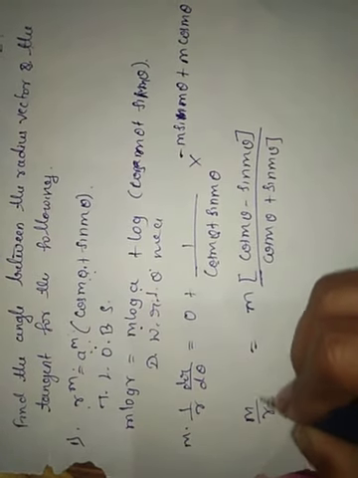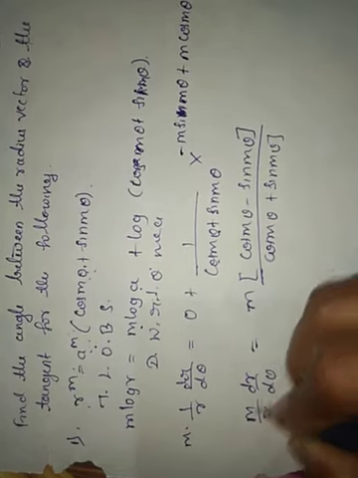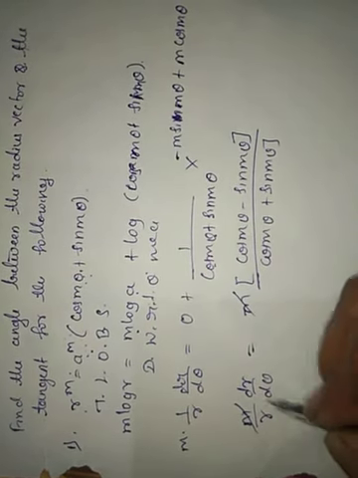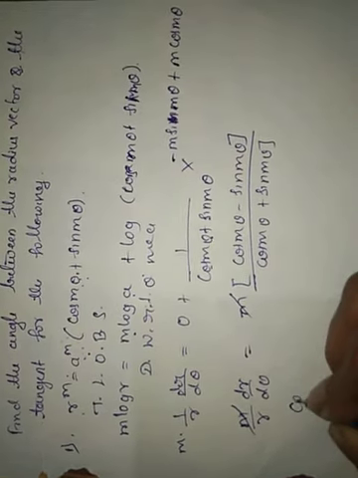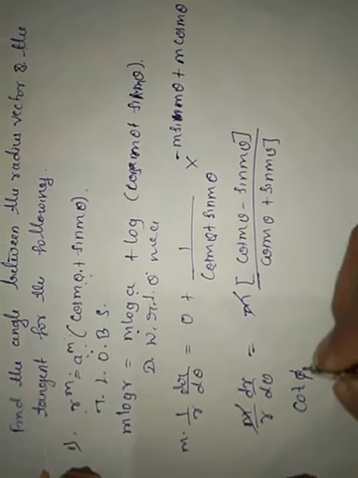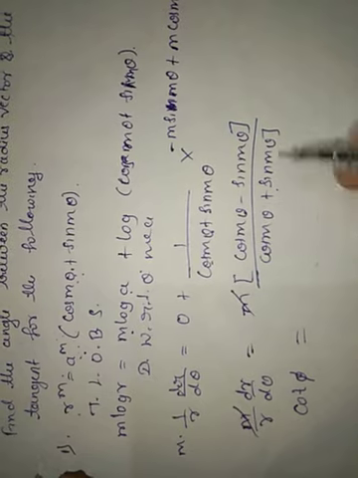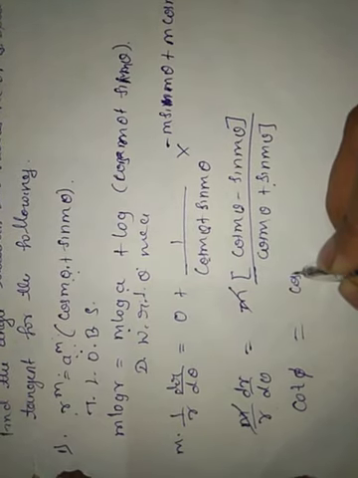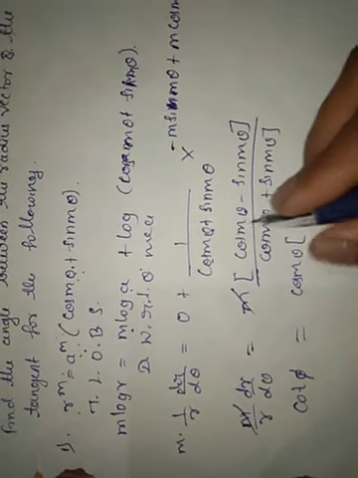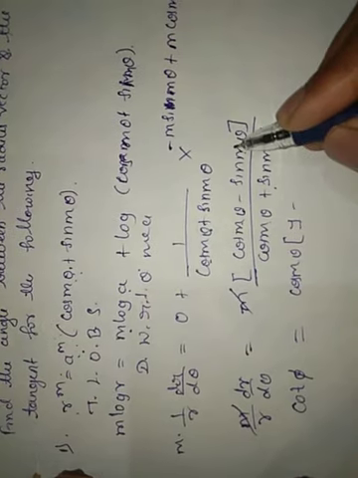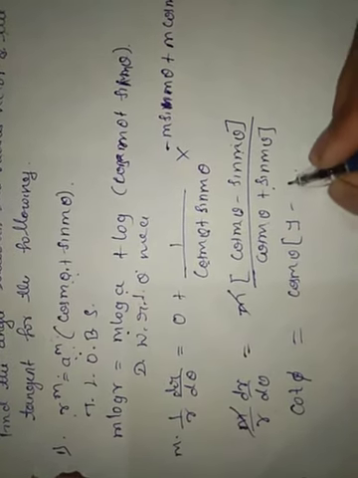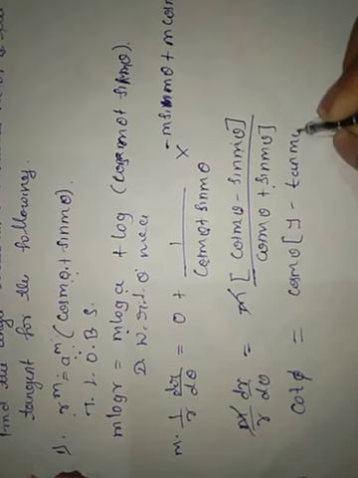m into 1 by r dr by d theta. Cancel m on both sides. 1 by r dr by d theta can be replaced by cot phi. Now take cos m theta as common in both numerator and denominator of the function. In the numerator, the remaining is 1 minus sin m theta divided by cos m theta, which becomes tan m theta.